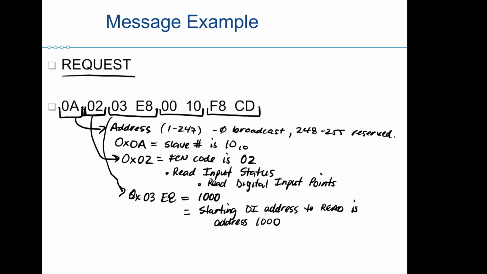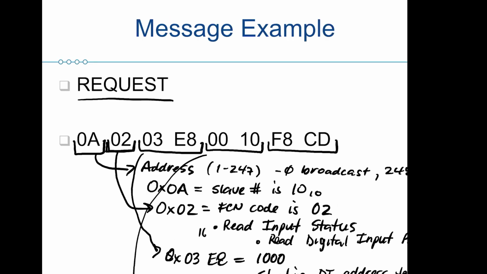Then you move on to the next 2-byte value, which you can see is 0010. When converted to decimal, hex 10 is equal to 16, right?